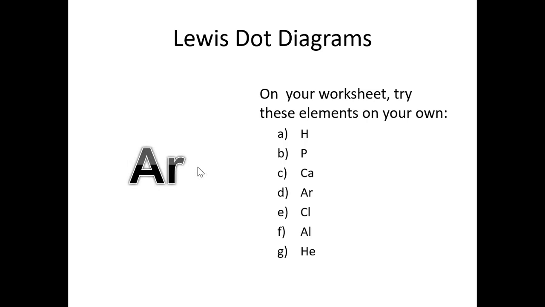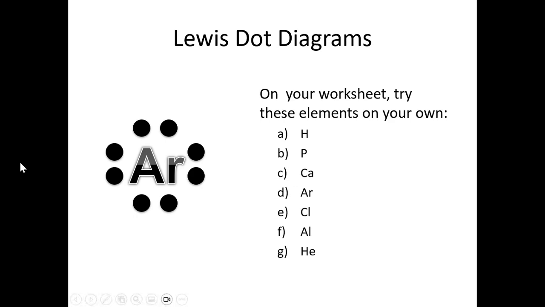Argon, well, argon is in column 8A, so it has 8 valence electrons. So the first one's here, second one here, third, fourth, fifth, sixth, seventh, and eighth. Notice how the dots, these two are immediately next to one another. These two are immediately top and bottom, same with over here.